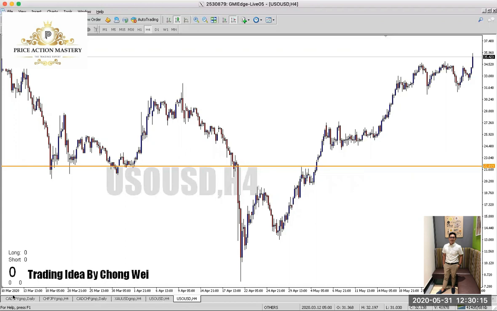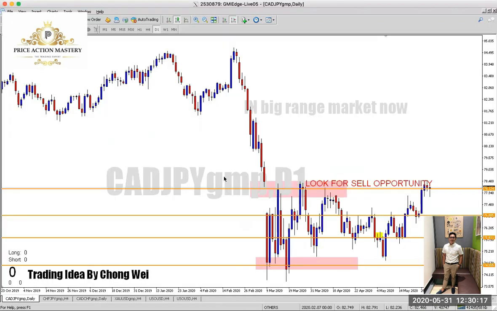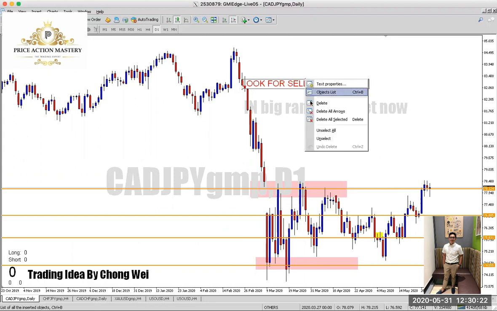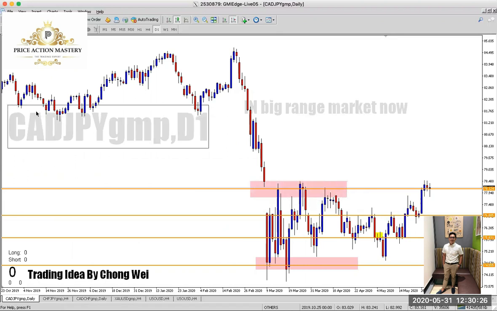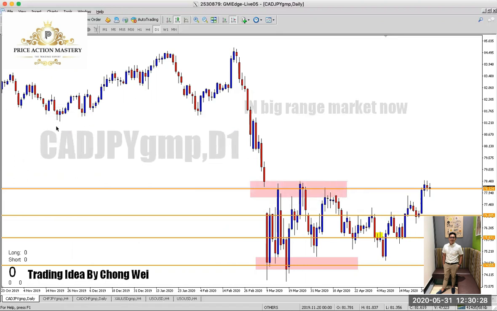Let's look into CAD. Currently I will not be looking at the sell position for CAD JPY anymore. Why? Because as we know, US oil is increasing in value again.